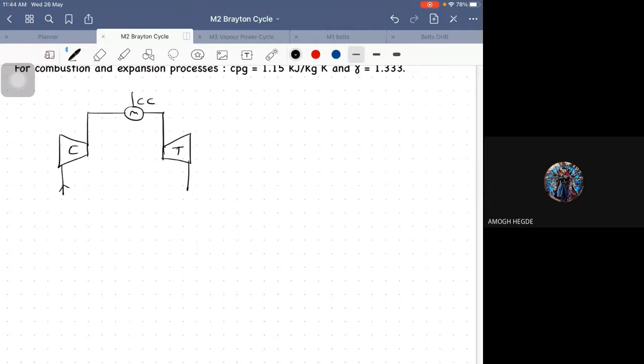So from here, the air was compressed from 1 to 2, the heat was added from 2 to 3, and the expansion process was taking place from 3 to 4, and it was returning back by heat rejection from 4 to 1. This we used to represent in the form of a TS diagram in a simple way like this.